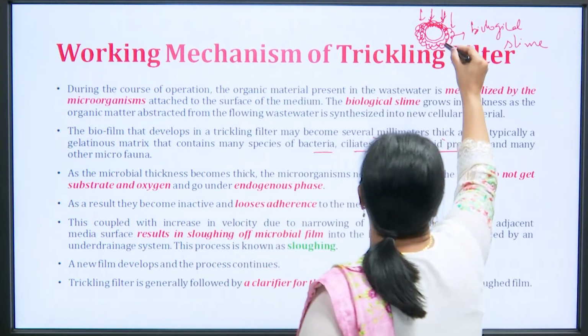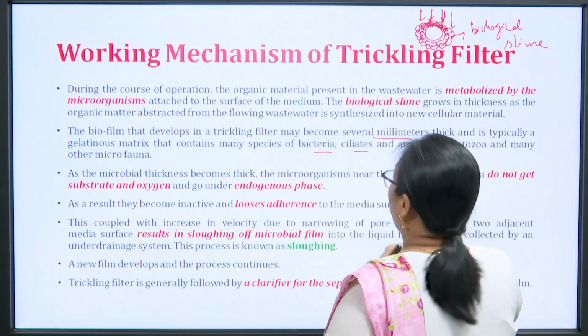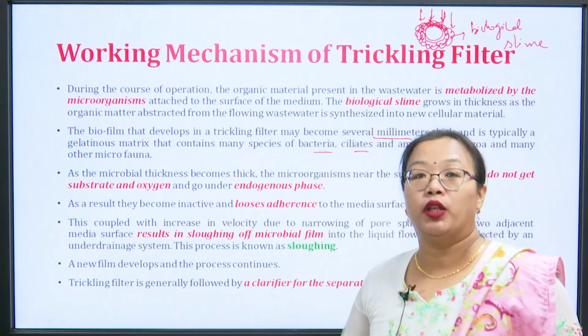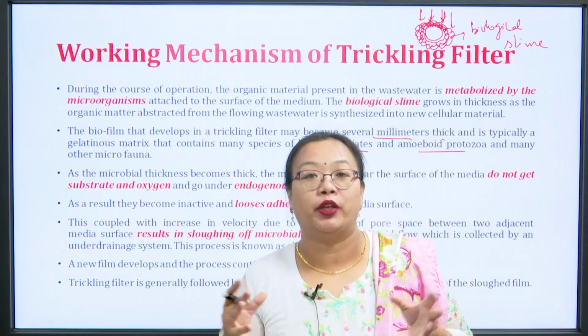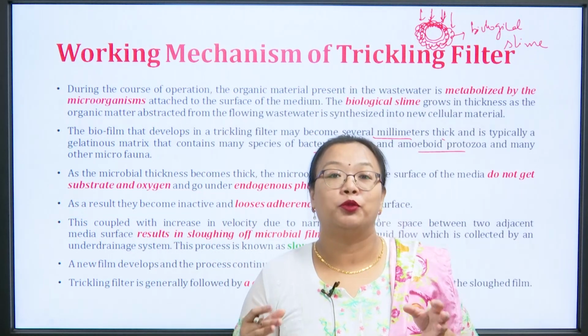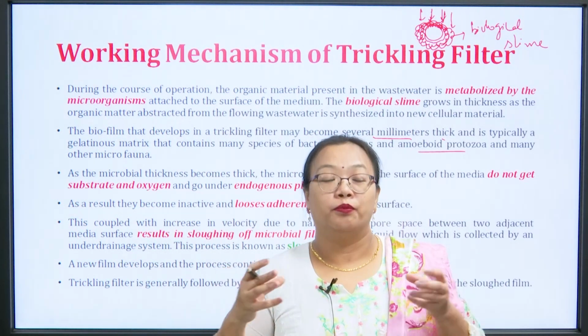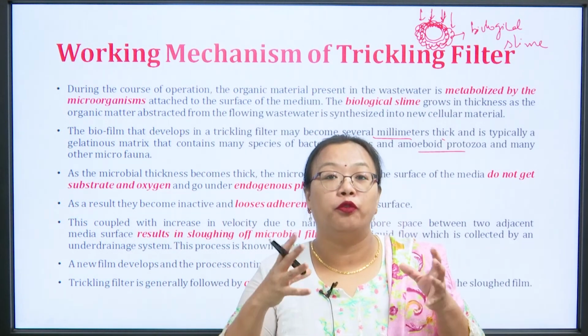So, obviously, it is going to have lots of microorganisms and it is going to grow. And once it grows, what is going to happen? It keeps on growing. Afterwards, it becomes too big for the media to hold. So, it is going to fall off.